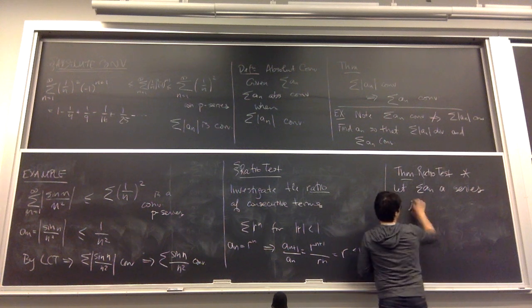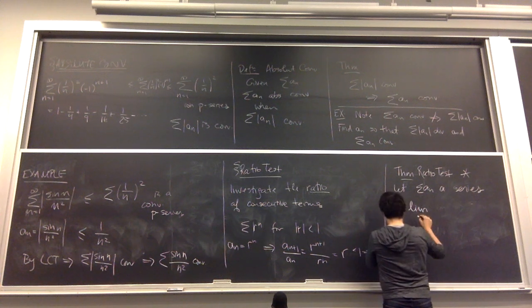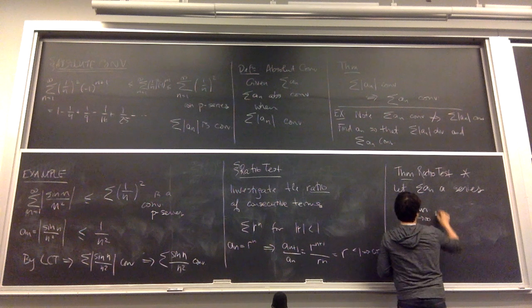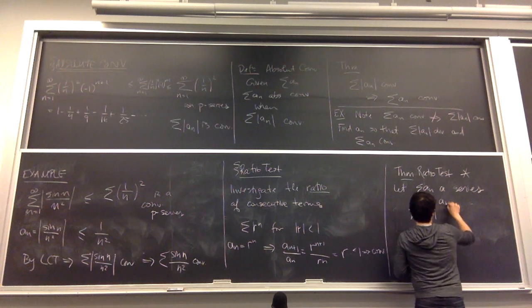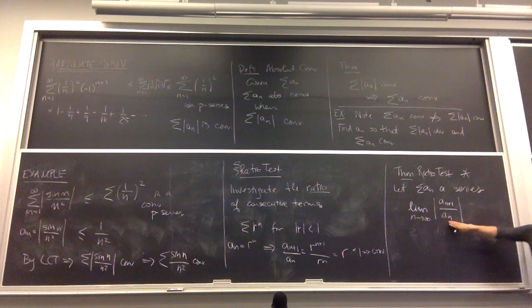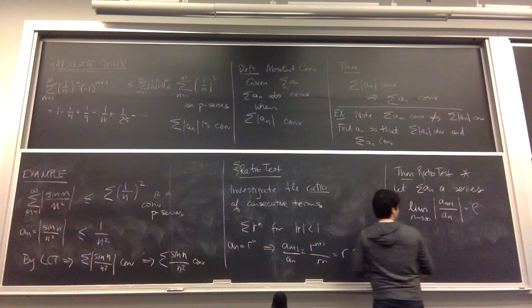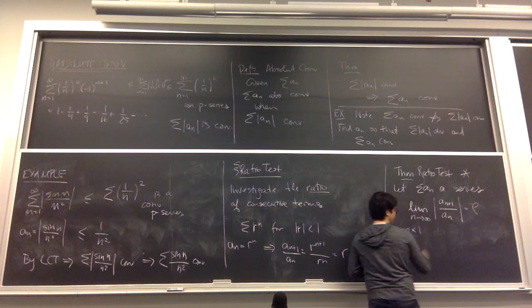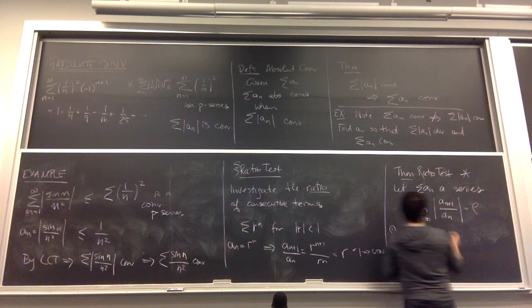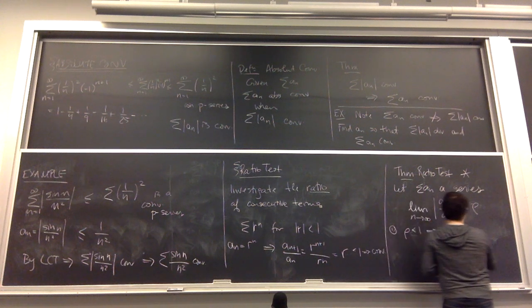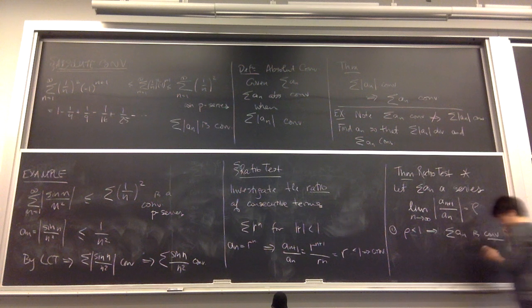And then suppose that we look at the limit as n goes to infinity. And to make it simple, we're just going to throw absolute value brackets on here. If we look at the limit of consecutive terms in the series, and we let this equal rho: if rho is less than 1, this means that the sum is convergent.